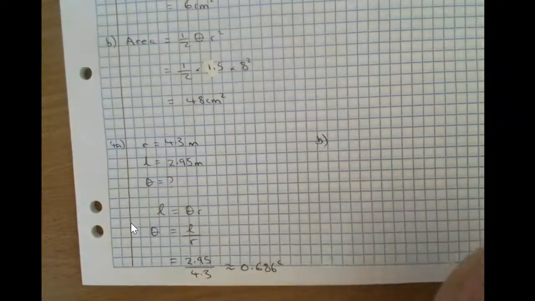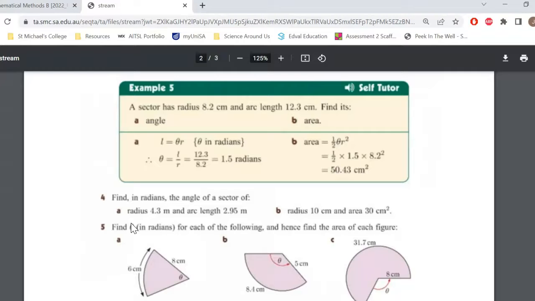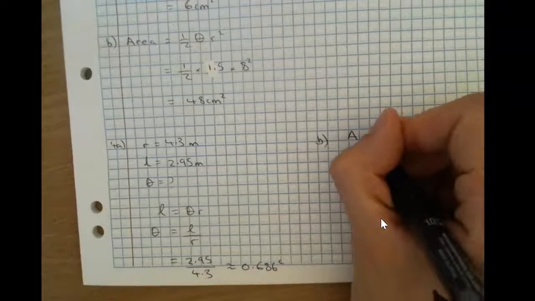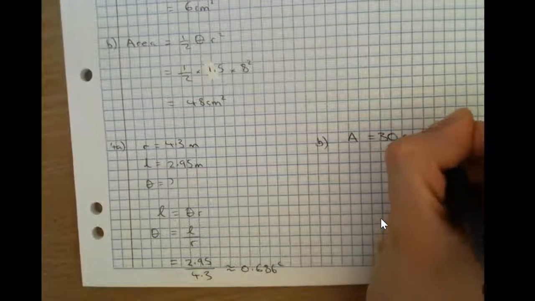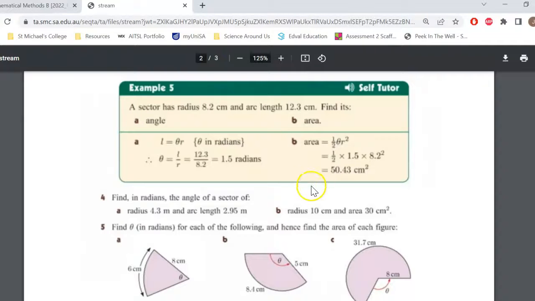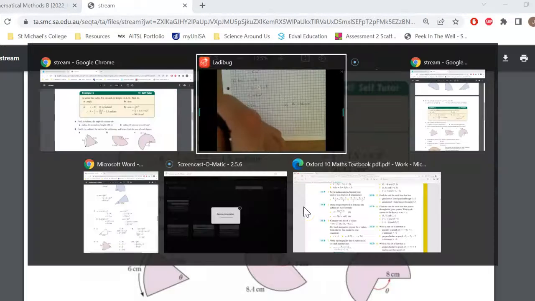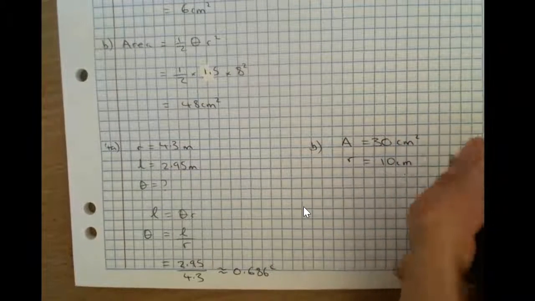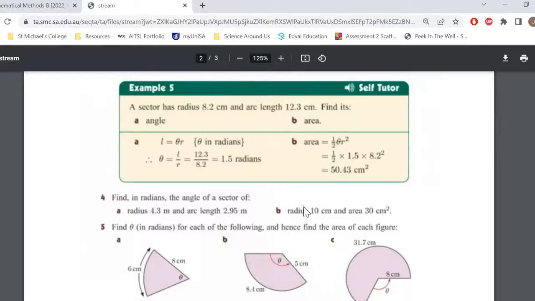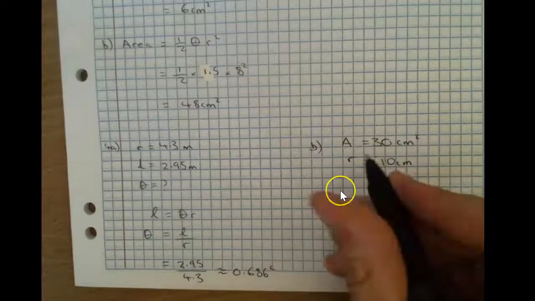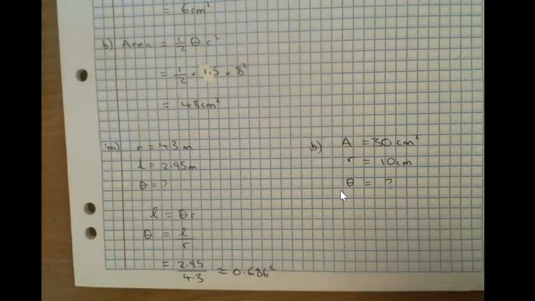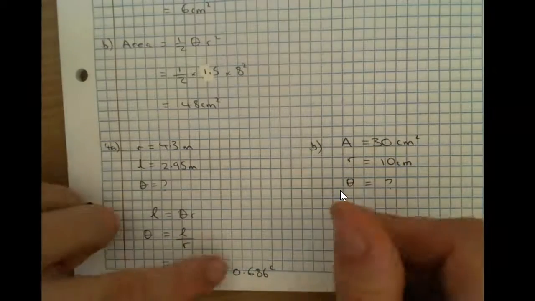In B, they tell us that the area is 30 centimeters squared. And they also tell us that the radius is 10 centimeters. And they would like us to find the angle of the sector. So we can apply our formula.